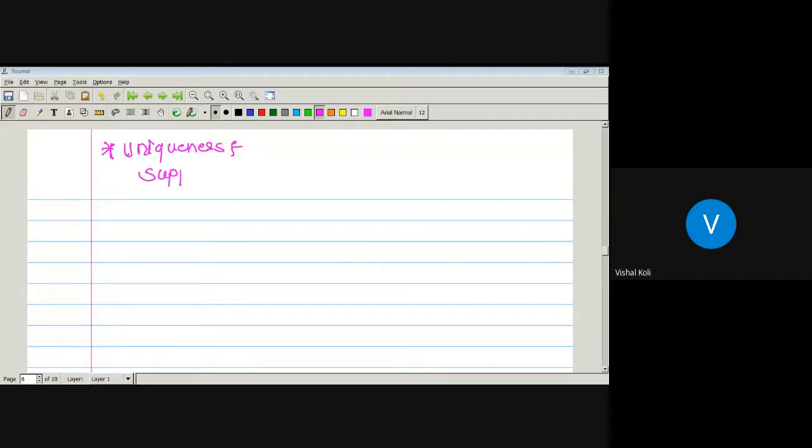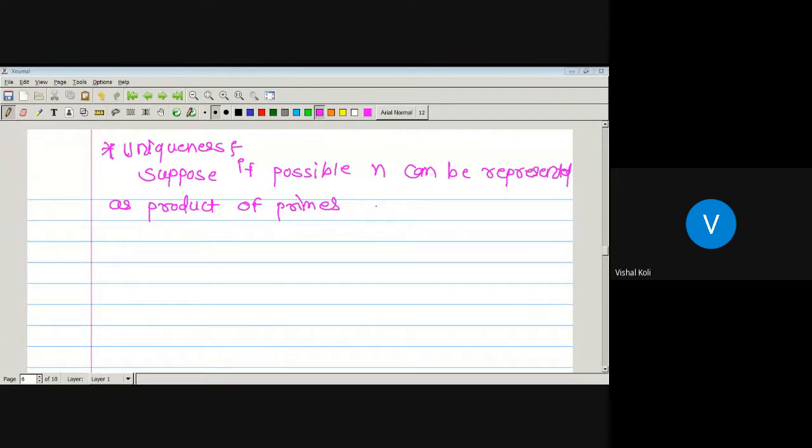Suppose, if possible, n can be represented as a product of primes in two ways, as given below.